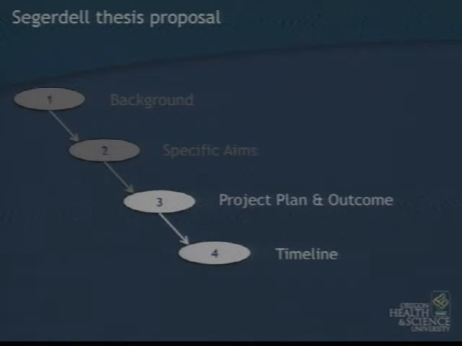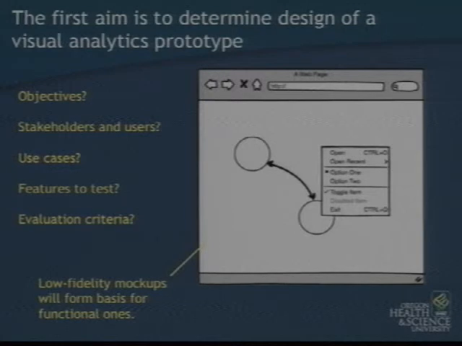Okay, so let's look at the project plan for carrying out the aims. Again, aim number one is to determine the design of a visual analytics prototype that will be subject to usability evaluation. And the key questions here are, what are the objectives? In particular, what do the Monarch and functional genomics visualization projects want to provide to users exploring genotype and phenotype data?